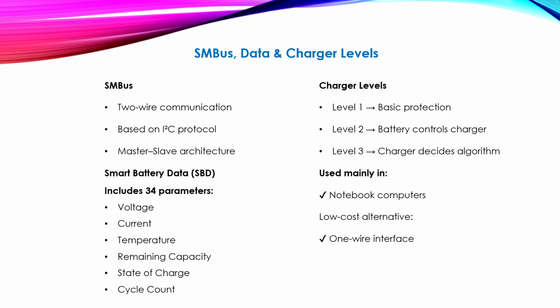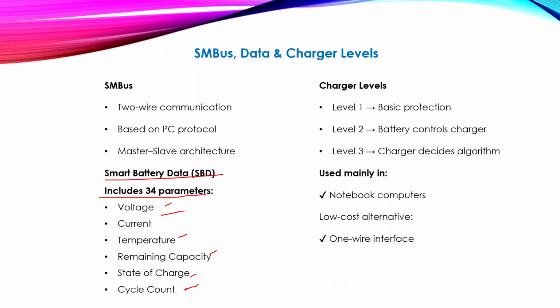The smart battery data specification defines parameters such as voltage, current, temperature, remaining capacity, state of charge, and cycle count. This SBD includes a total of 34 parameters that we are going to discuss in the next slide.